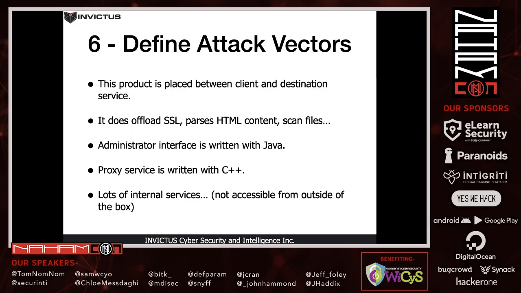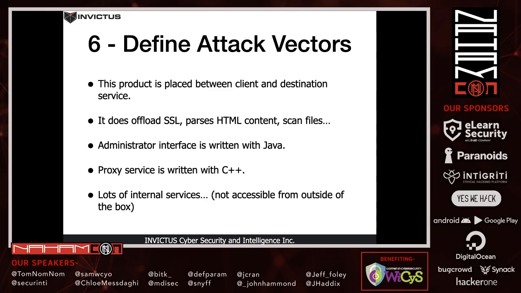So we got enough information, I believe, about the product, so we can define some possible attack vectors. We know that this product is placed between the client and the destination. It takes the request from the client and sends it to the destination on behalf of the user. And whenever the proxy gets the response, it forwards it back to the client.